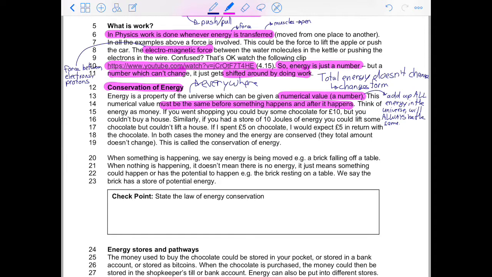If you have 10 joules of energy stored in your muscles, you use 5 joules of energy to lift that bar of chocolate, you still have 5 joules of energy in your muscles. And there's 5 joules of energy now stored in that chocolate bar.